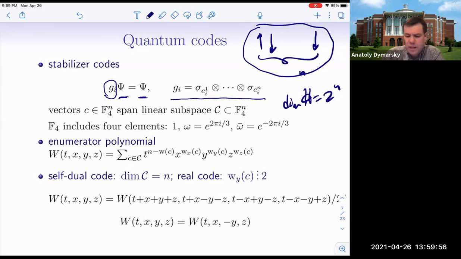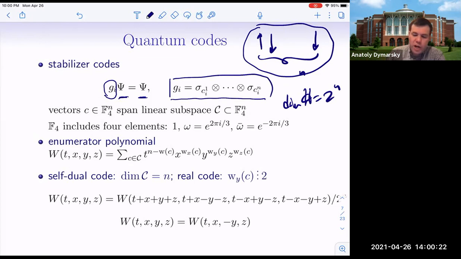These are Pauli matrices acting on each qubit. There are 4 Pauli matrices: X, Y, Z, and identity. If you take 2 generators of this form, tensor products of Pauli matrices, and multiply them by each other, the element of the abelian group is also a product of Pauli matrices.